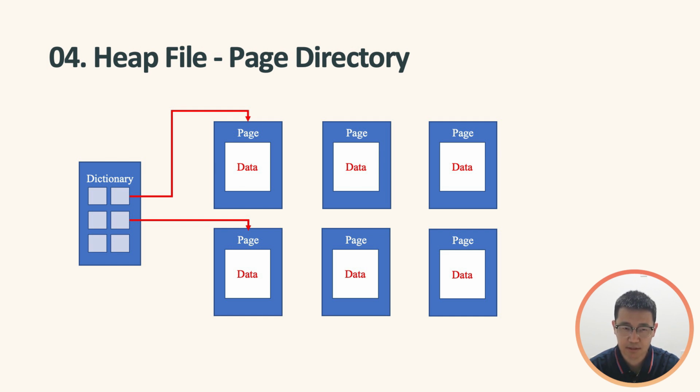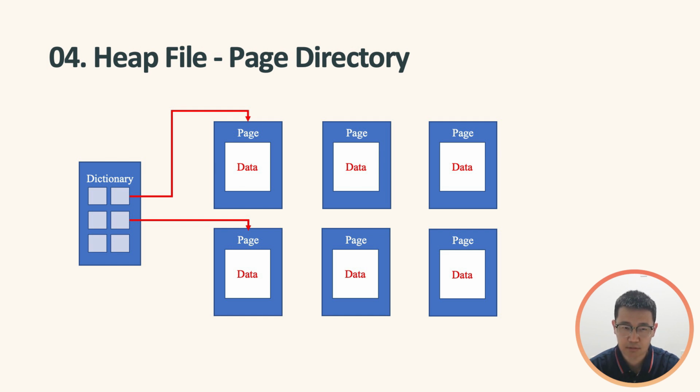For example, this directory keeps track of the number of slots that are available on each page, and makes sure that those records are synchronized with the data pages.